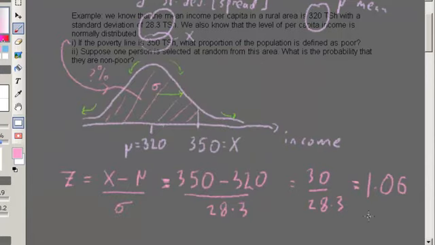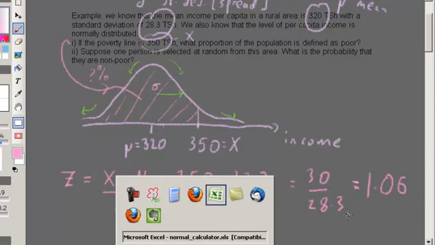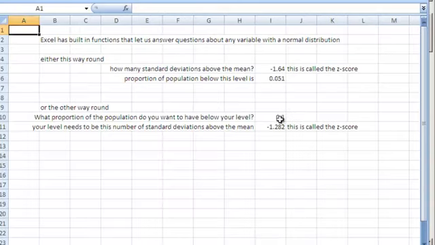Now we want to know, for a z-score of 1.06, so 1.06 standard deviations above the mean, what proportion of the population is less than that? We can answer that either by looking in tables if we're a bit old-fashioned, or we can go to Excel. This spreadsheet will do it. How many standard deviations above the mean are we? 1.06.